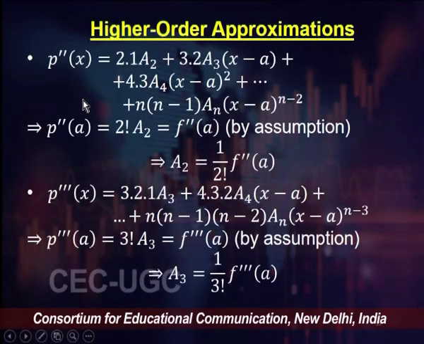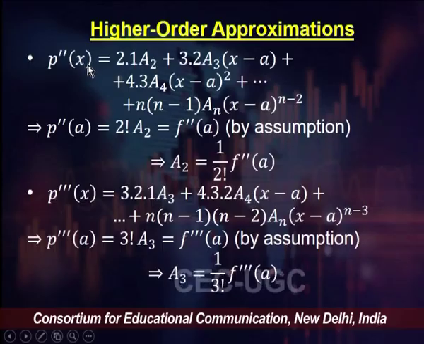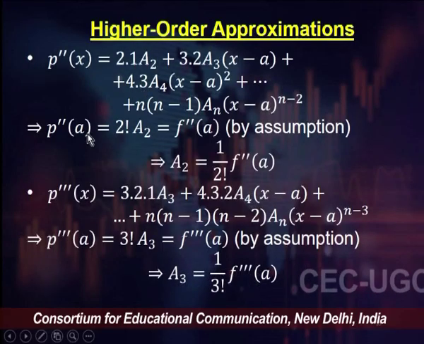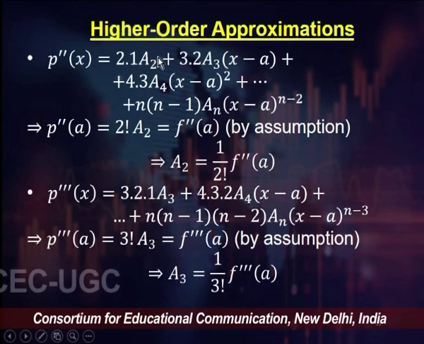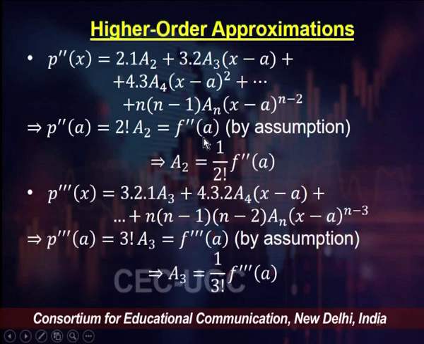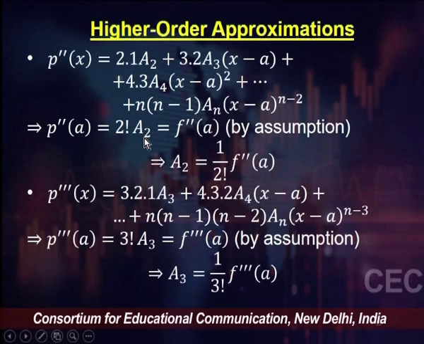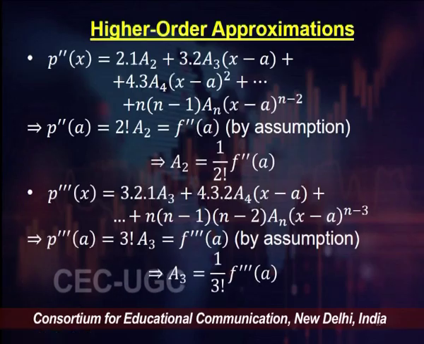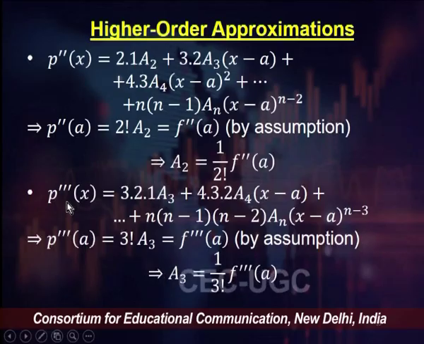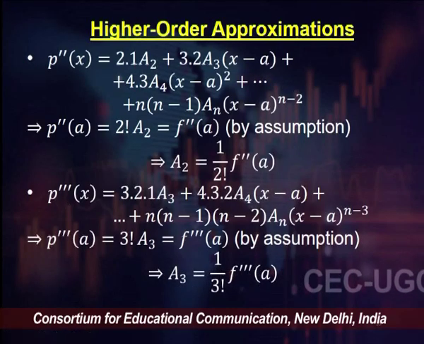Similarly, let's just do one or two more exercises of this kind, because that will help us get the drift. So p double prime of x was this expression, which implies that p double prime at a is 2 factorial times a2, because all the rest of the terms will disappear. And because this is equal to f double prime at a by assumption, we have that a2 is equal to 1 by 2 factorial times f double prime at a. Now similarly, the third derivative of p is 3 times 2 times 1 times a3.